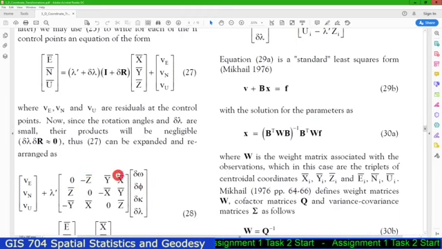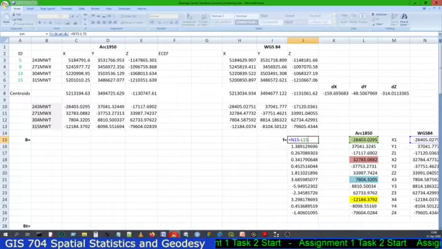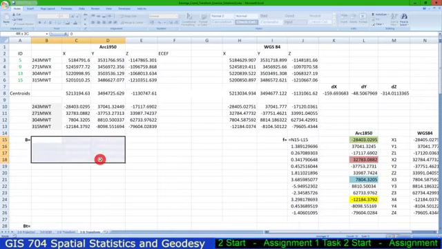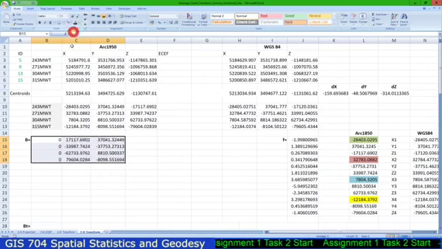So the B matrix consists of the X, Y, and Z's, in other words, the original coordinates. So my B matrix needs to consist of that, and let's go with the first four terms, the same as what Deacon did there.